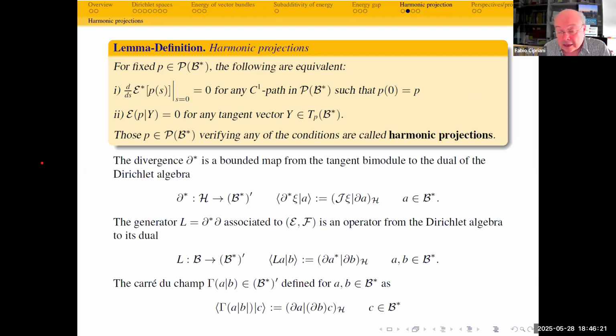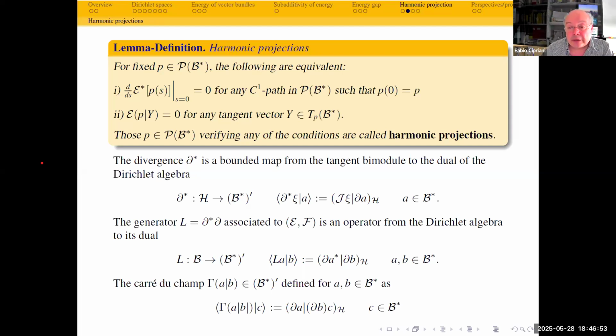On the other hand, there is a well-established literature, many works, on maps and harmonic maps between Riemannian manifolds. The critical points of the energy functional of a map between two Riemannian manifolds are called harmonic maps.